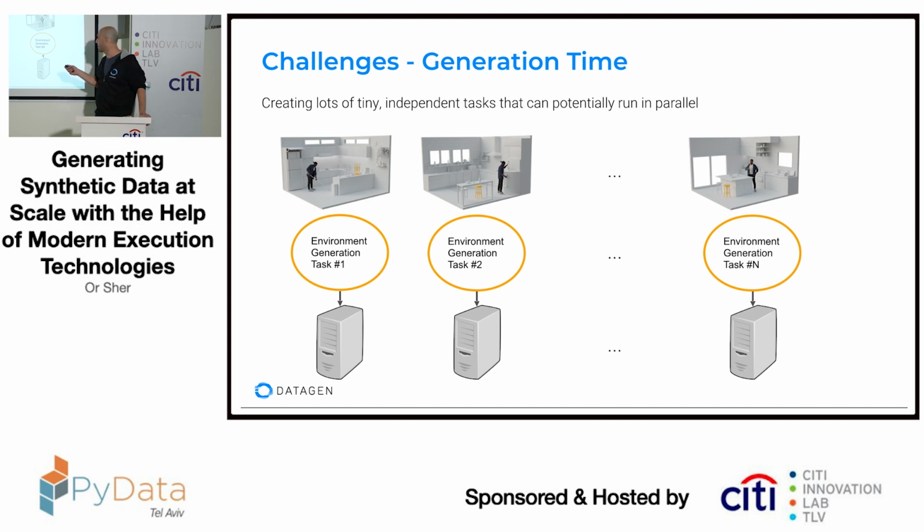And each and every one would be something like that. And the thing is that if we have n environment generations we need to do, and we have enough resources, n resources, to accommodate all of these generations at the same time, we could potentially finish the entire generation in the time of only one generation, right?